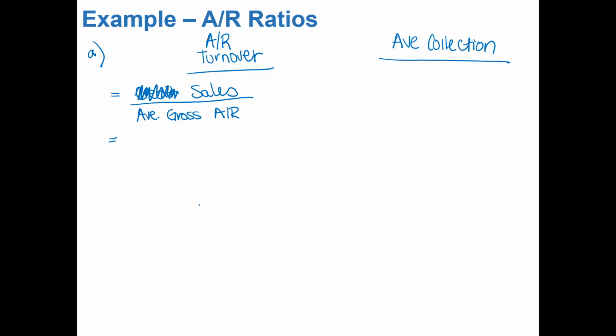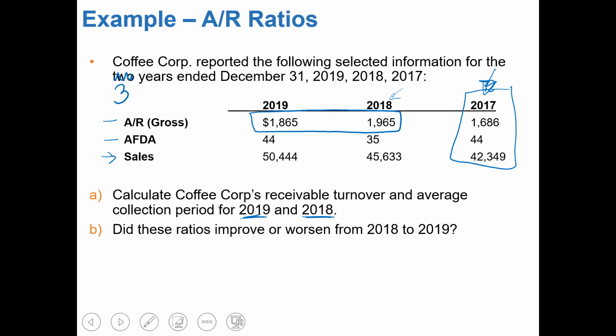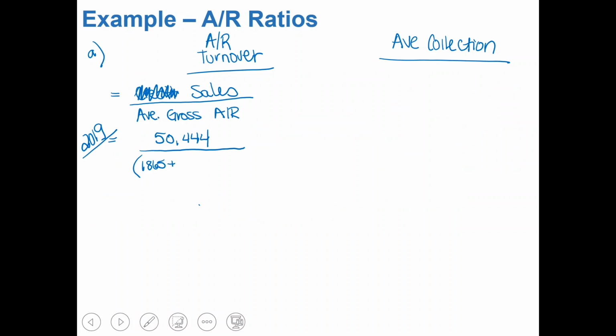For 2019, we had $50,444 as our sales. And for average AR, the opening, so our 2019, was $1,865. Or sorry, I should say that was 2019. 2018 is our ending inventory in this year. That's $1,965.